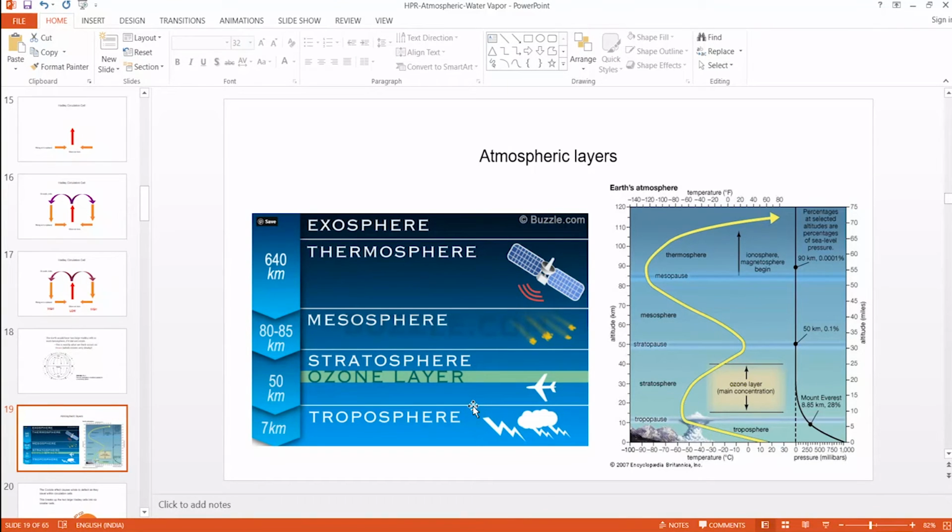Okay, so these jet streams travel across thousands of kilometers. Mainly the cloud formation occurs in the troposphere. So whatever water is evaporated is in the troposphere, and the precipitation takes place there.